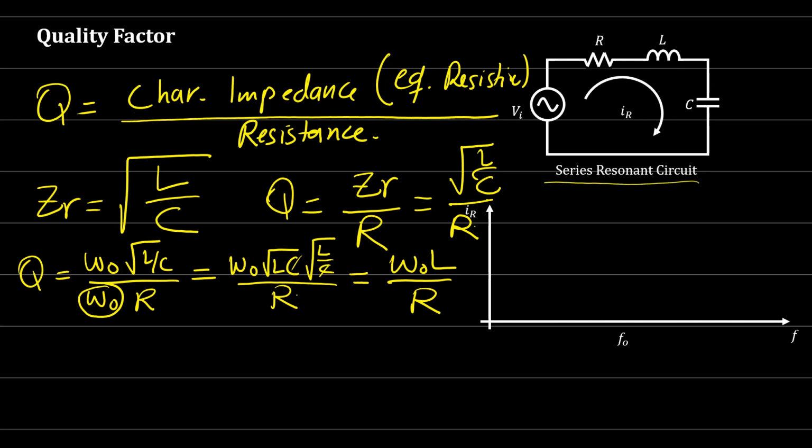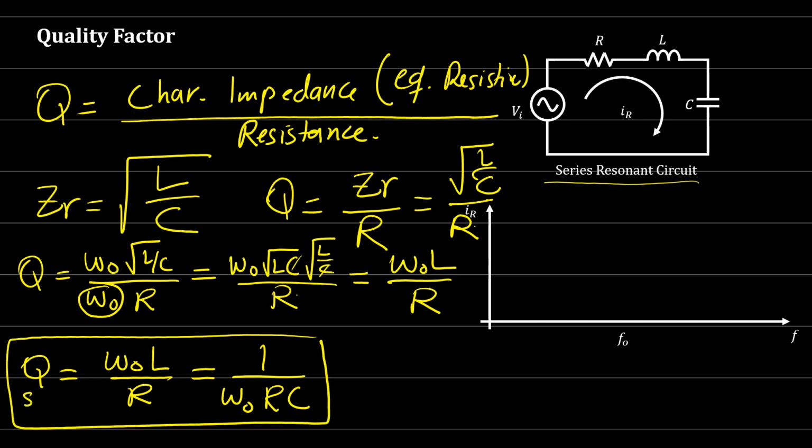Okay, so the quality factor for the series resonant circuit is equal to how much? ω0 times L over R, or 1 over ω0 R times C. So this is for series resonant circuits. For parallel resonant circuits, the Q factor is different, and is equal to how much?